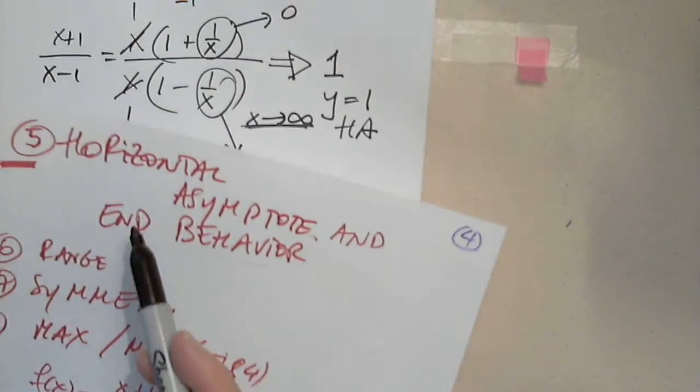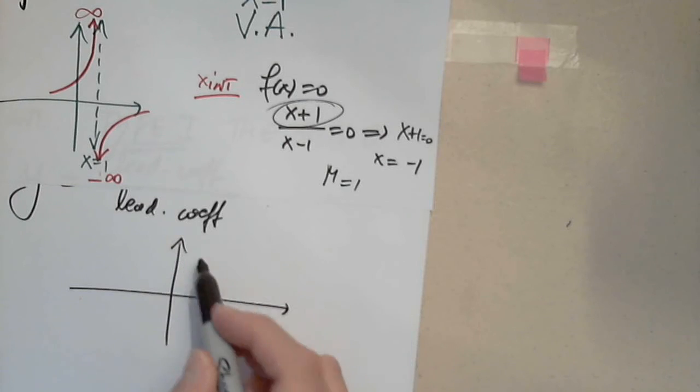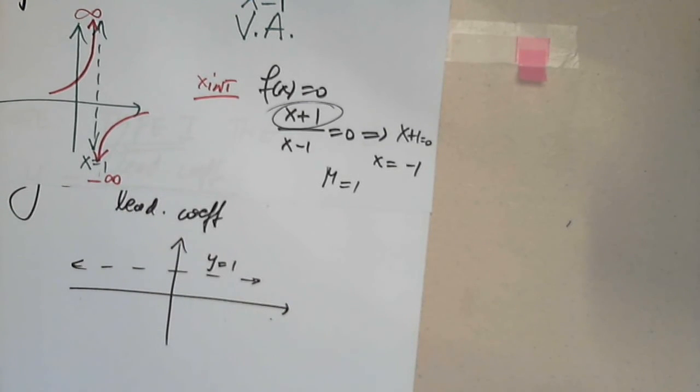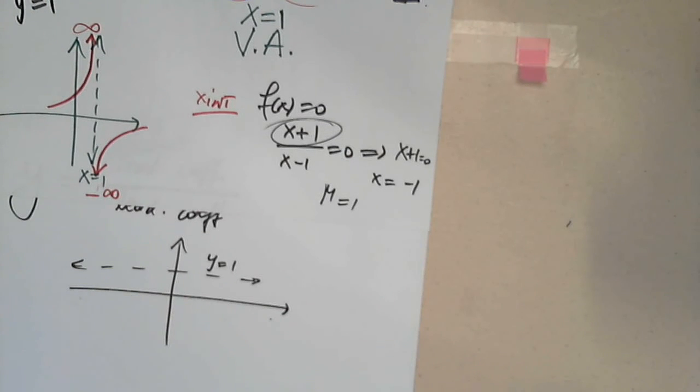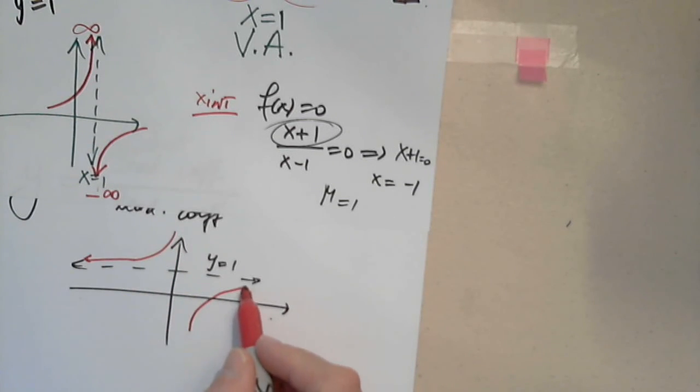Okay, what is this horizontal asymptote? Here's what it means. It means that eventually, when x goes to infinity or negative infinity, the function values will get closer and closer to 1.